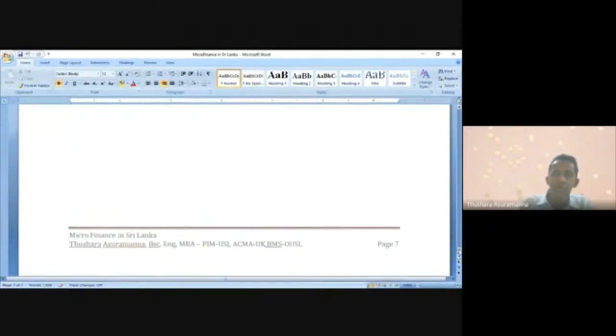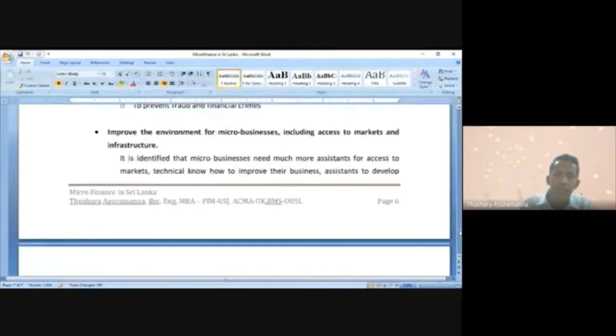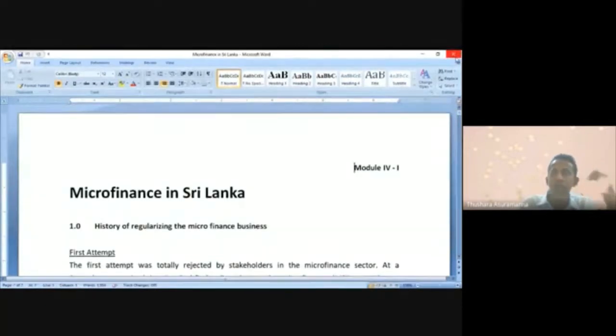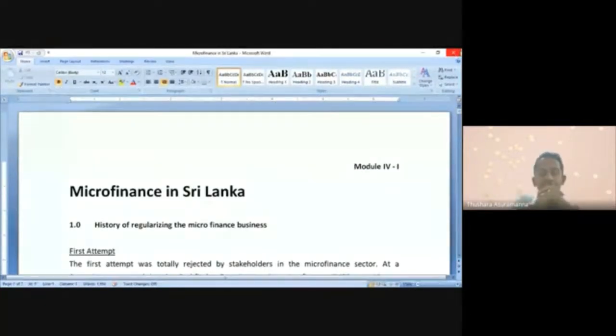So that's what I have given here, in addition to the past paper questions, because these 6 or 7 areas are very important for exam purposes. I insist so much on microfinancing here because it's a very easy question. If you attempt it, you need to go through the presentation, this reading material, and the past paper questions also.